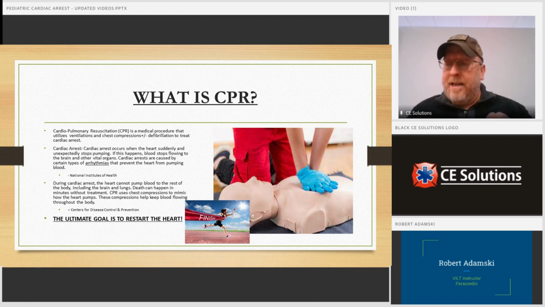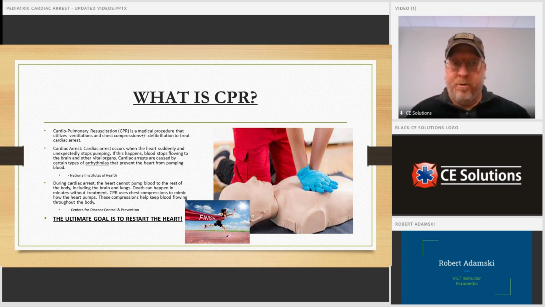So realize, don't let anybody tell you CPR doesn't work. It does. You just need to be realistic as to what CPR will and will not do. Traditionally, and in most circumstances, not all, there are exceptions, CPR alone by itself will generally not restart the heart. All right. It will not save that patient.